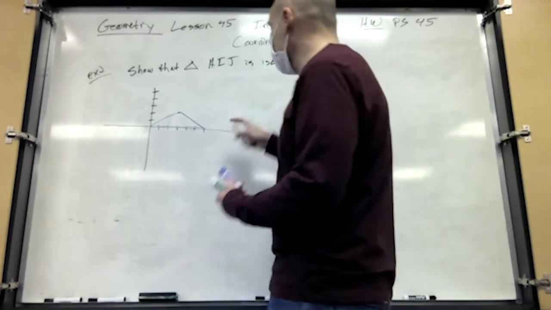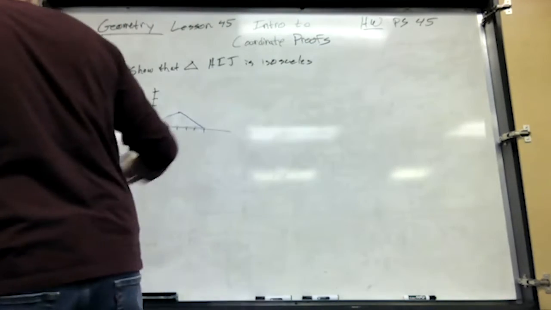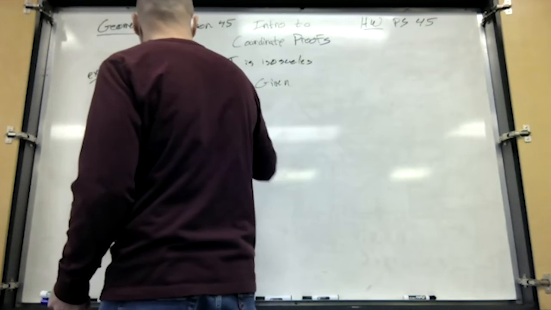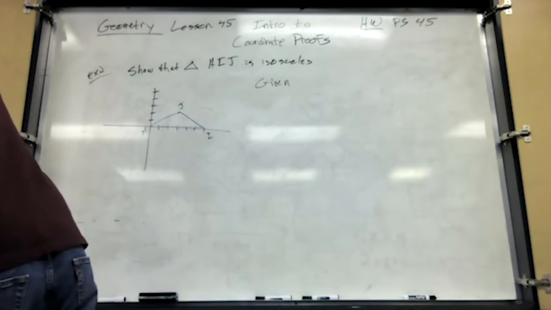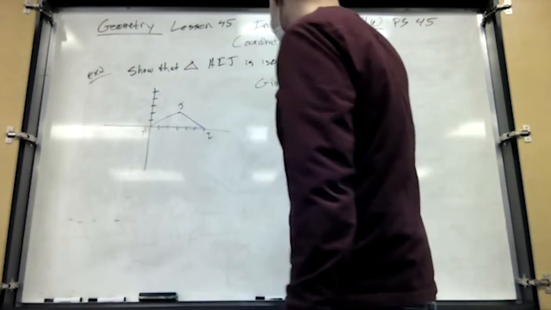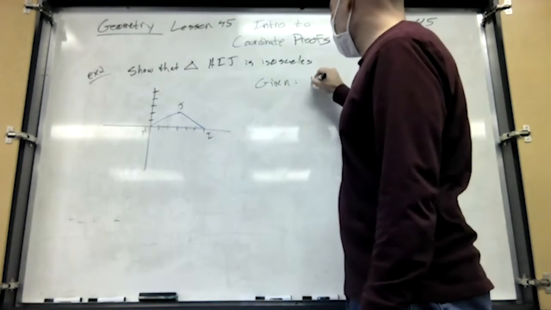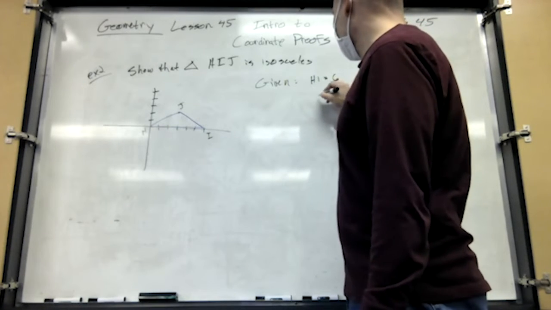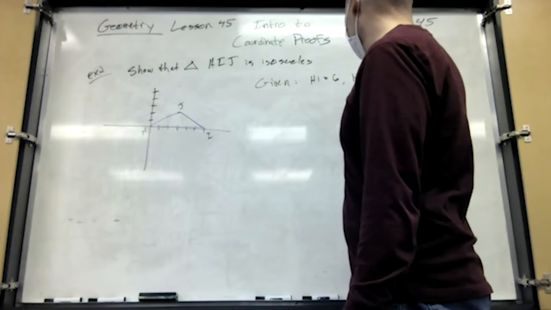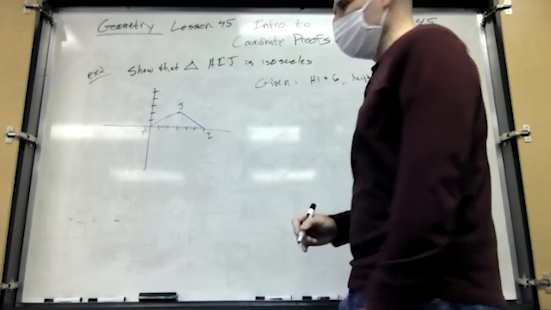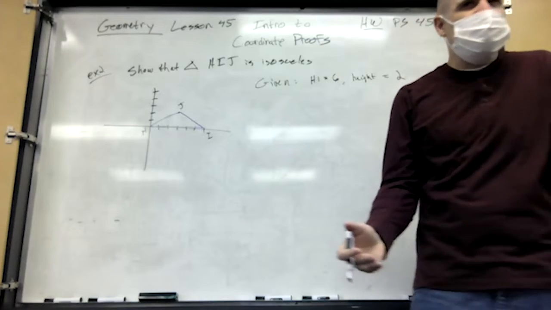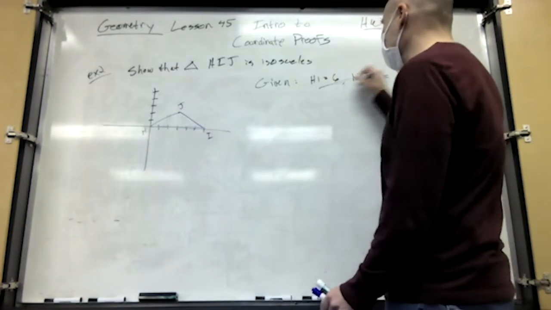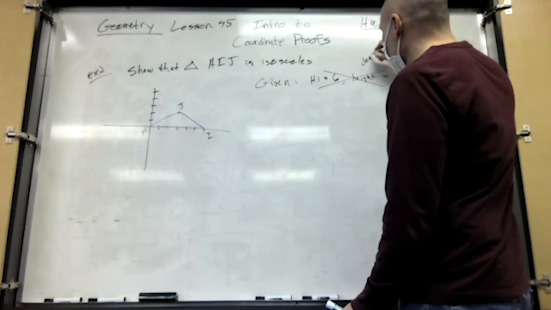So given HIJ, what's given is HI equals 6. I could say that the height equals 2. The height of the triangle, the altitude of the triangle, is 2 units, because that's what's on the coordinate plane right now. But I don't really need those for what I'm trying to prove.